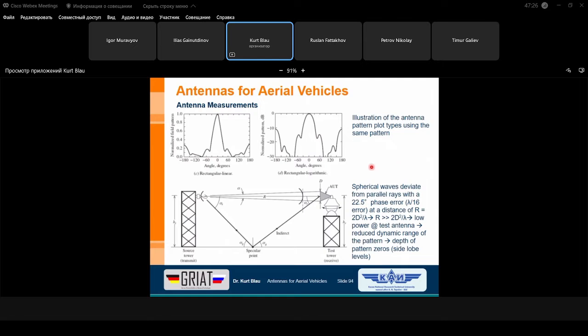Okay, then in this figure you can see how you can normally measure an antenna or an antenna system. On the left side, this is the illumination antenna, and on the right side, this is our antenna system under test.